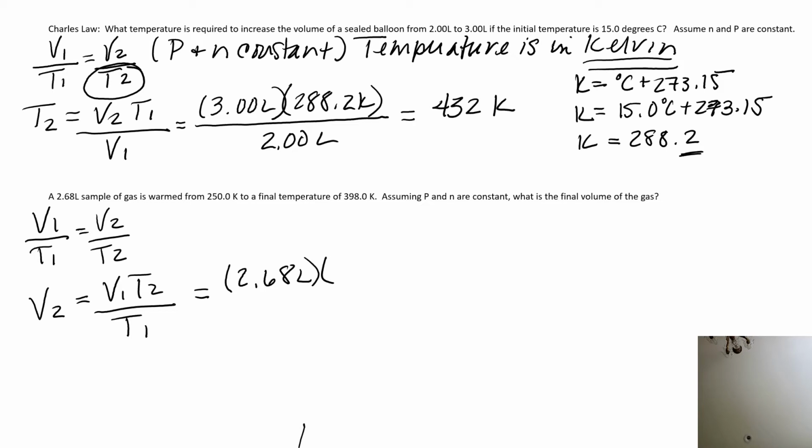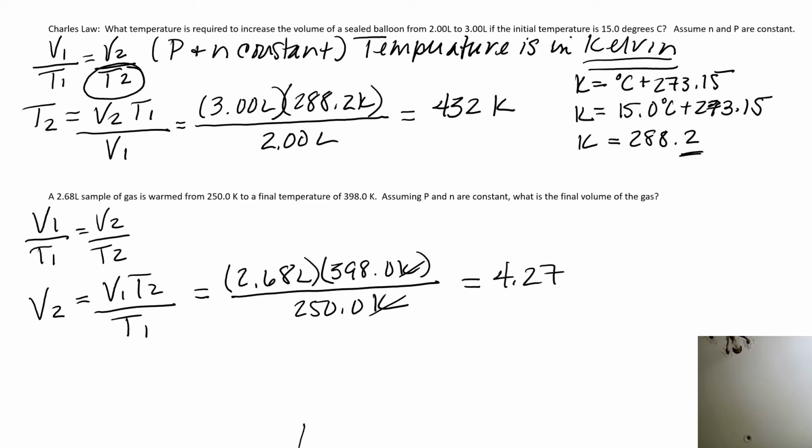T2, we are given this in Kelvin already, 398.0 K, divided by T1, 250 K. Kelvins cancel, and our final volume is 4.27 liters.